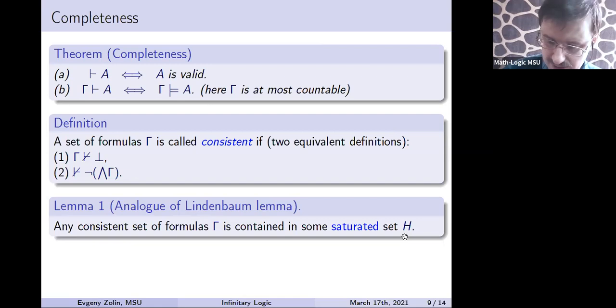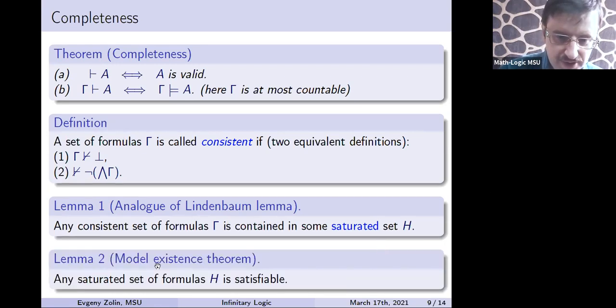It is saturated. It is closed under some natural operations, but it doesn't have to contain, for any formula A, either A or not A. If gamma is countable, then our set H will be countable too. And the second step, lemma 2: any saturated set, in particular this set H, is satisfiable.